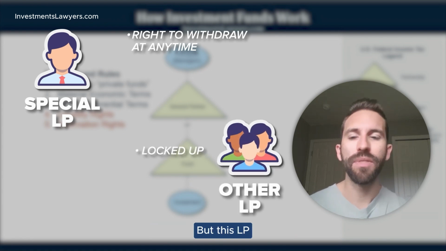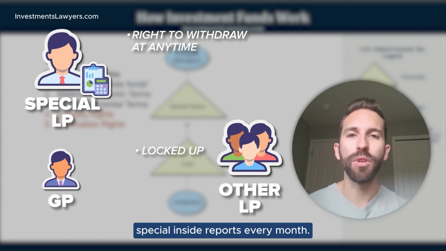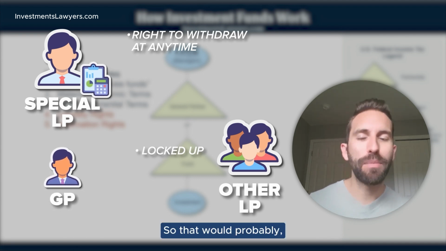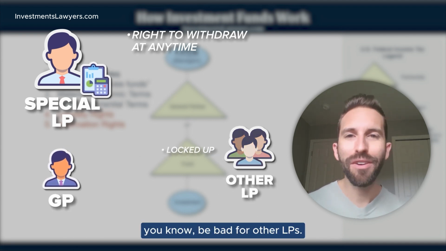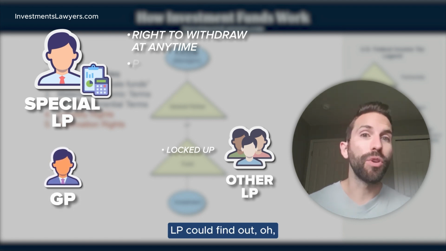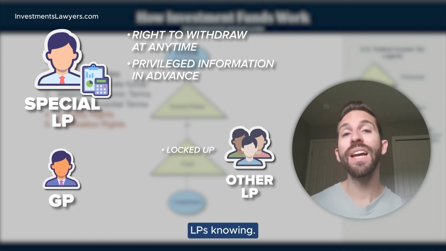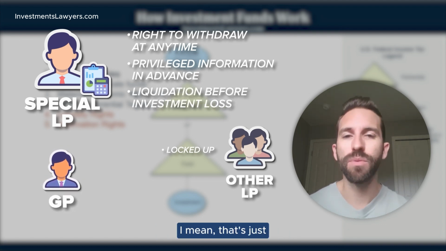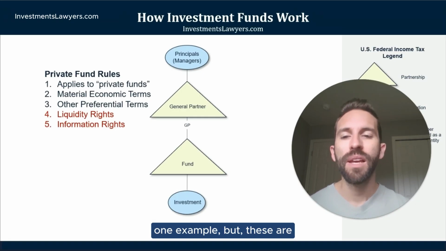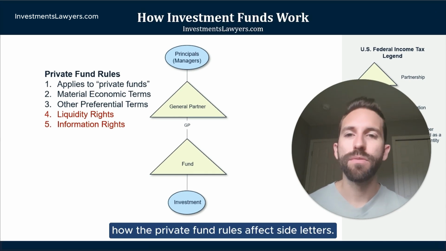Other people are locked up, but this LP has the right to withdraw at any time, and the GP is giving them special inside reports every month. So that would probably be bad for other LPs, because that special LP could find out, oh, the fund's not doing so well, in advance of the other LPs knowing, and then they could yank out their commitment. I mean, that's just one example, but these are how the private fund rules affect side letters.